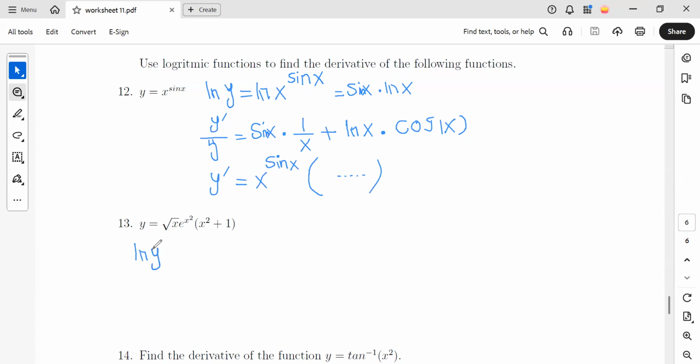So ln of y equals, using the formula that says whenever you have expressions that are multiplied together, you can write ln of the first one plus ln of the second one plus ln of the third one.